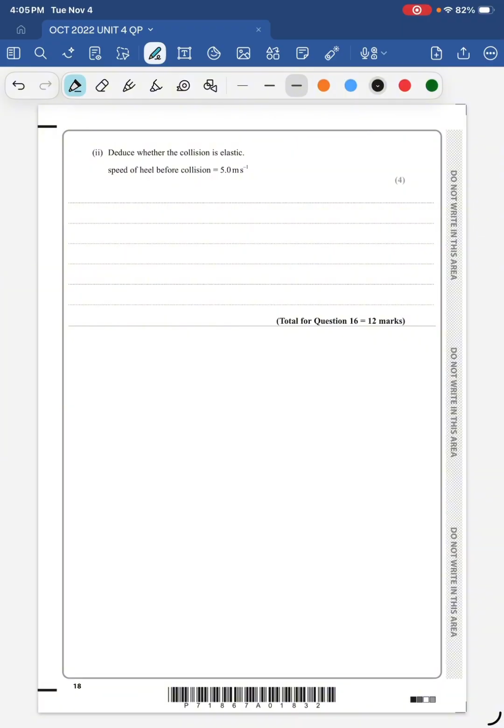So the next is to deduce whether the collision is elastic. For a collision to be elastic, we need the kinetic energy before to be equal to the kinetic energy after, right? So to calculate the kinetic energy, we need the mass of the ball and the initial and final velocity of the ball, which you have, but we don't have the mass of the heel. But you can calculate it because they give us the speed of the heel before the collision as 5 meters per second.